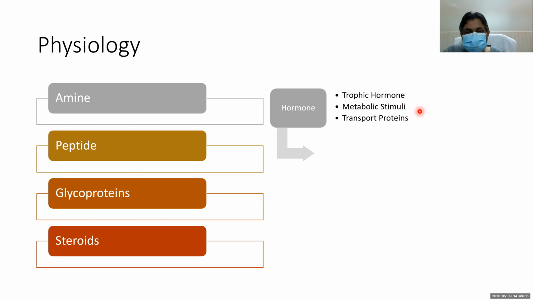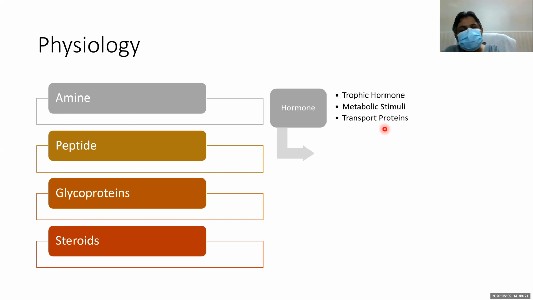Or it may be a metabolic stimulus, as in the case of glucagon, which starts to be released because of hypoglycemia, or glucose for insulin release, or parathyroid hormone, which manages the calcium state. So it may be metabolic stimuli or trophic hormone stimuli which cause the hormone to be released.